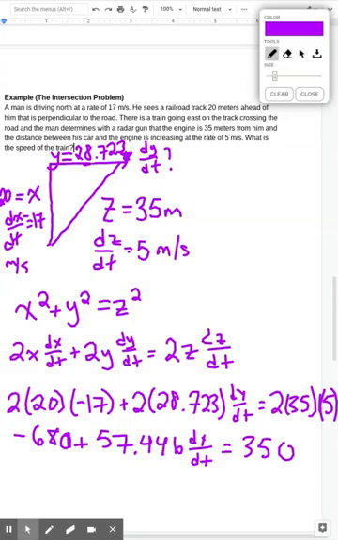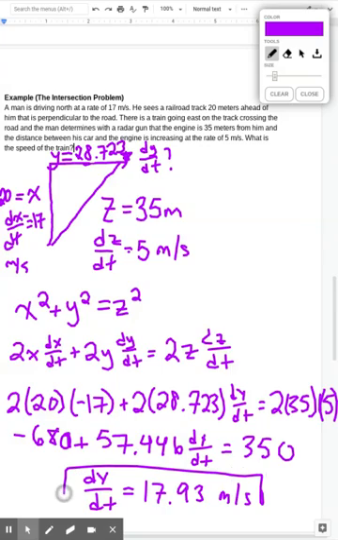So we add 680 to both sides, then divide by 57.446, and we get dy/dt is equal to 17.93 meters per second. And that is the rate of the train, the speed of the train.